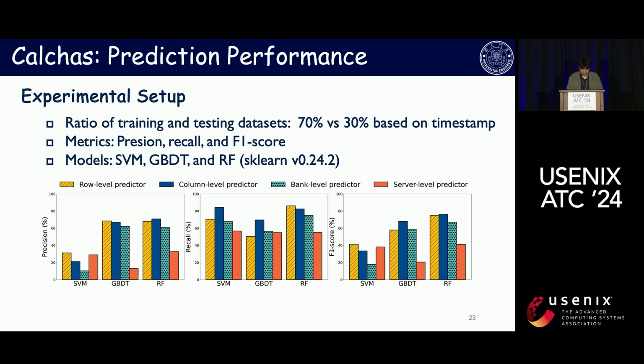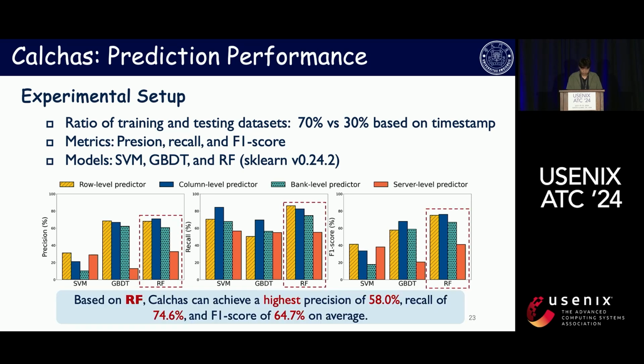The results show that the tree-based prediction models GBDT and RF achieve higher prediction performance. Note that the RF model achieves around 60% in precision, recall, and F1 score. It shows the highest recall rate, indicating that it can help us identify 65% of UERs before they occur, thereby reducing the loss of computing power due to failures during training.